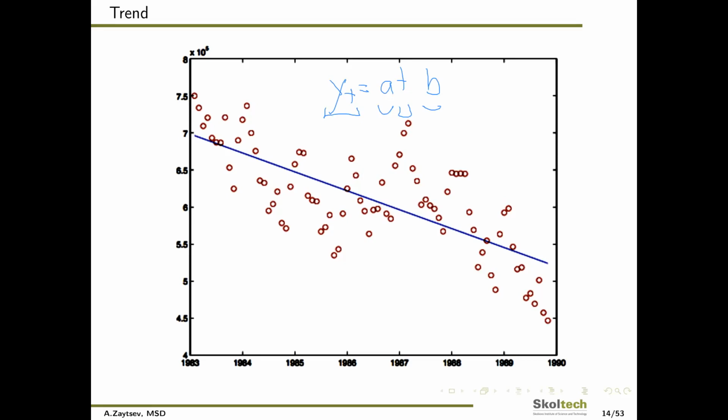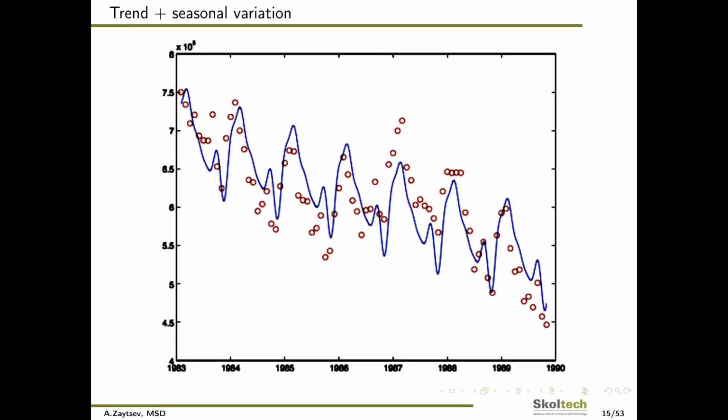So basically it's like a linear regression when we're doing this kind of estimation, and we definitely observe some trend. Also, we can try to deliver some seasonal variation. It's also a very simple model and does not require hard work to estimate.